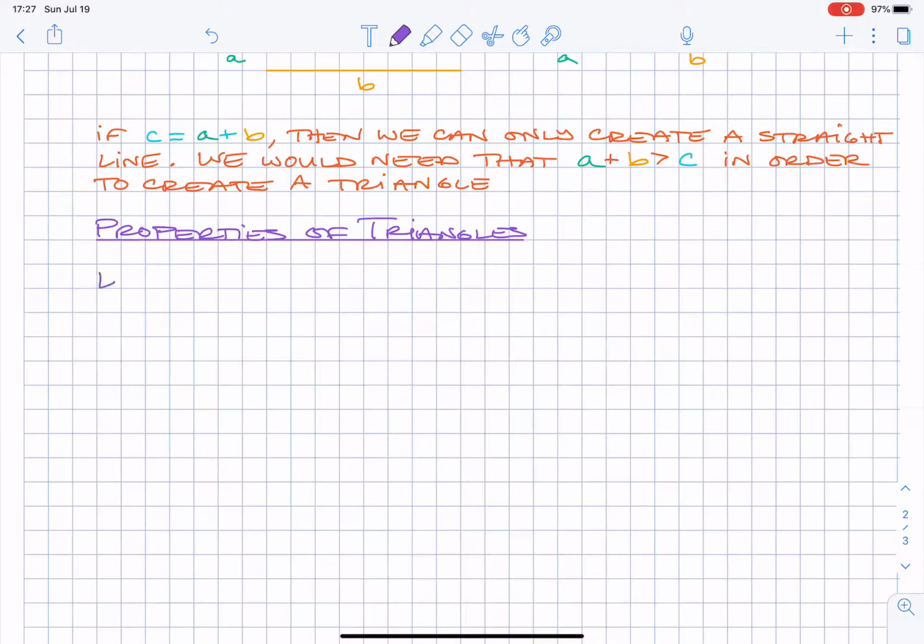Okay, so let's let triangle ABC with opposite sides little a, little b, and little c respectively, be given.